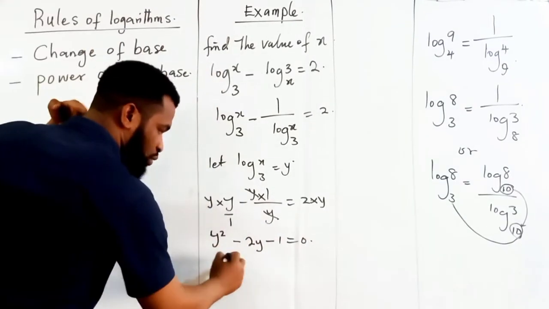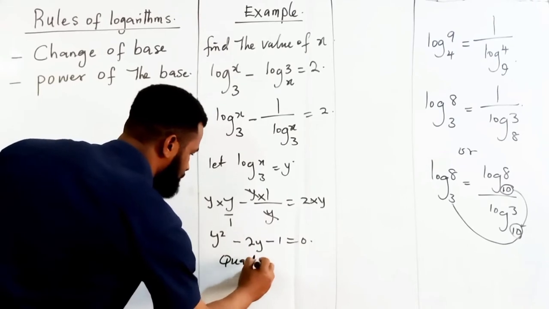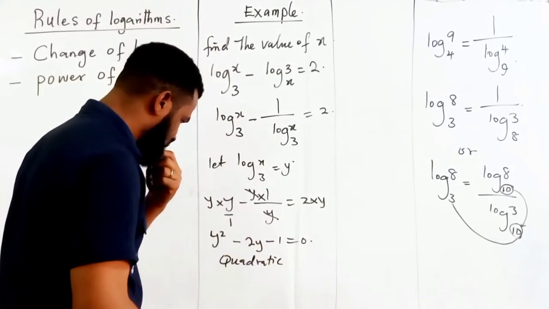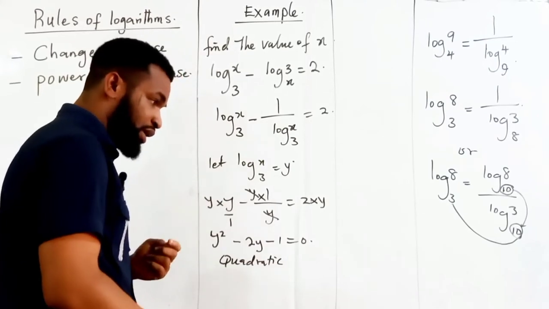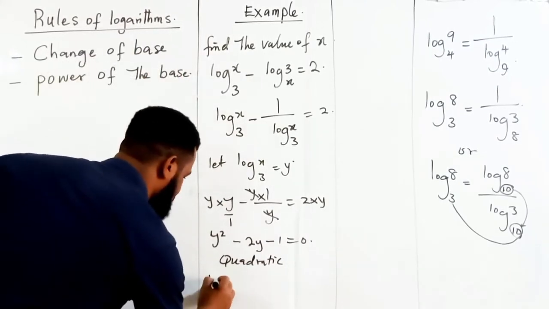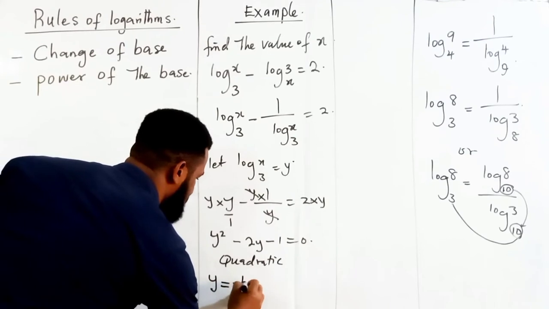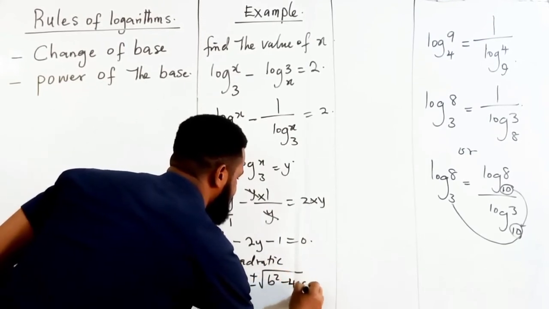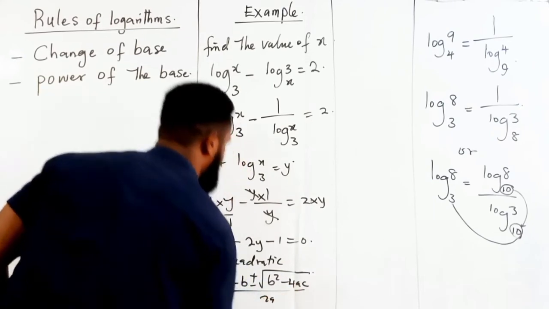In order to solve this quadratic equation, minus 1 and 2 will not really work. So I'm going to use the quadratic formula. I'm going to say y is minus b plus or minus the square root of b squared minus 4ac all over 2a.